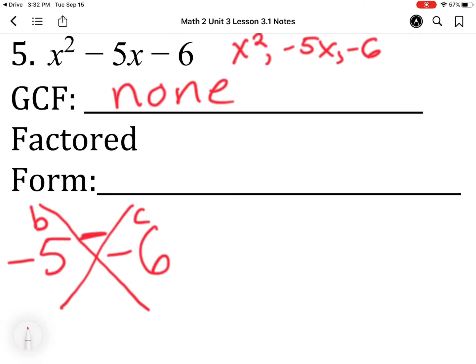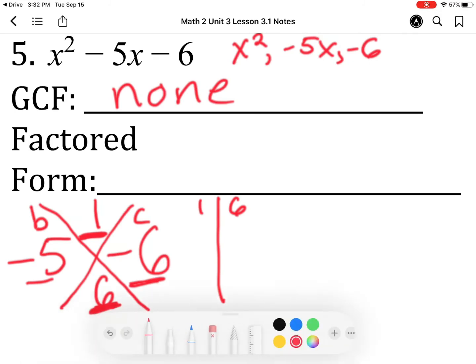So what times what gives us negative 6, but also adds to give us negative 5? Well, if we start off with 1 and 6, 1 times 6 is 6, but we have to make one of them negative.